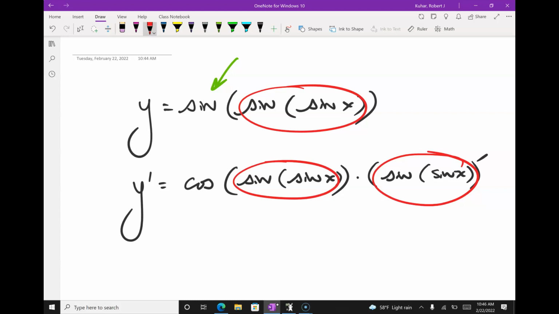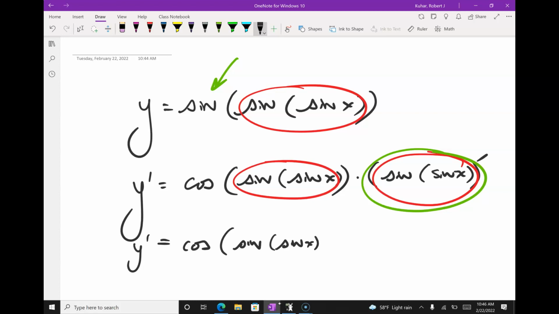I keep the cat in the box and then get the derivative of what was inside, right? So far for y prime, I have the original outside, the original inside, and now I'm ready to do my derivative of the green-red, yes?